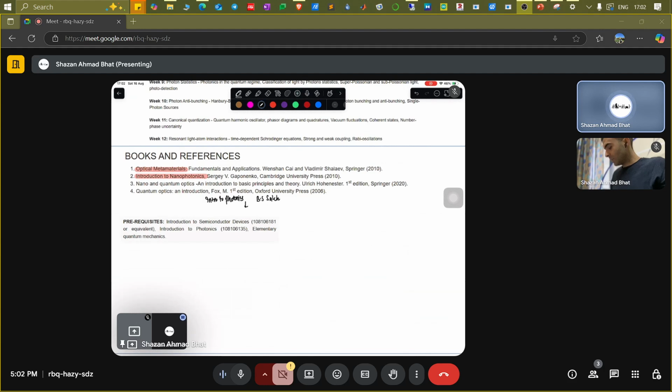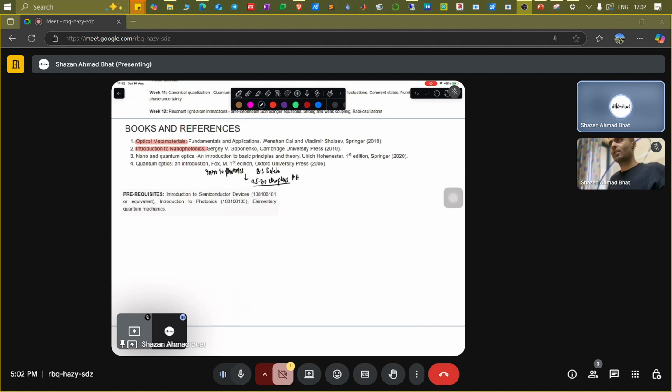It has approximately, I don't remember, 25 to 30 chapters, but they are small chapters, and they are very concisely written to make you understand different topics, starting from electromagnetic waves, Maxwell's equations, and going into some deeper topics like plasmonics and metamaterials. So you can also check one of these books.